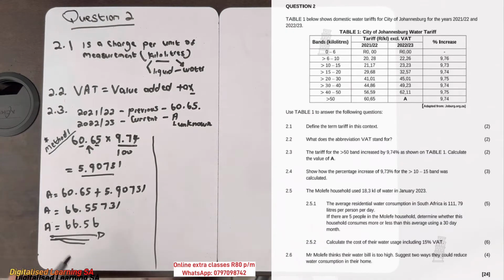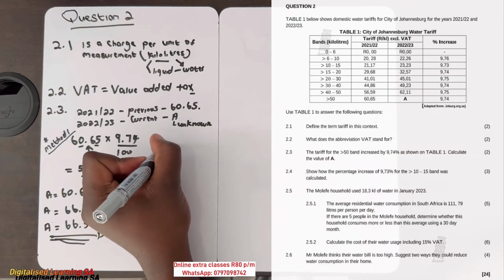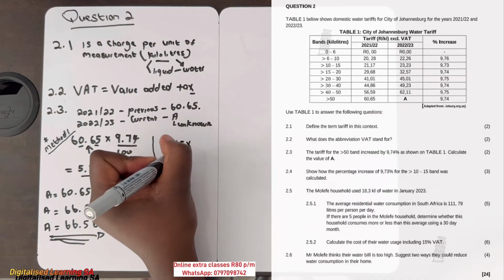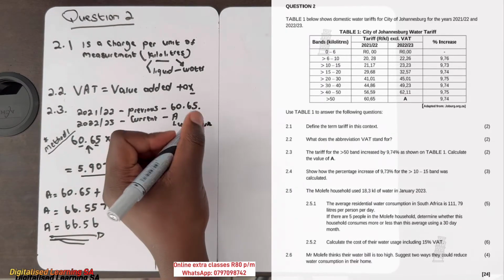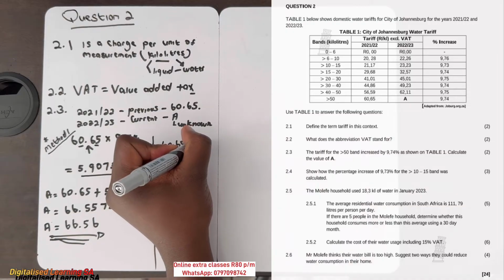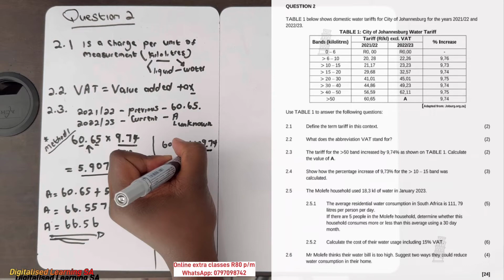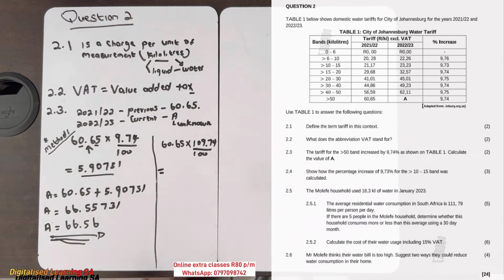The second method would be to just take 60.65 and multiply by, you add 9.74 to 100, meaning that it will be 109.74, and then you divide by 100. This should give you the final answer.